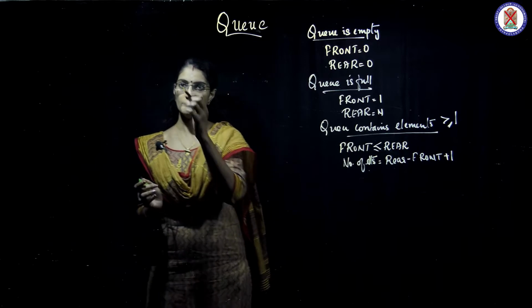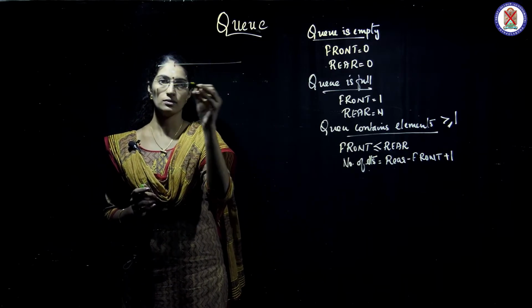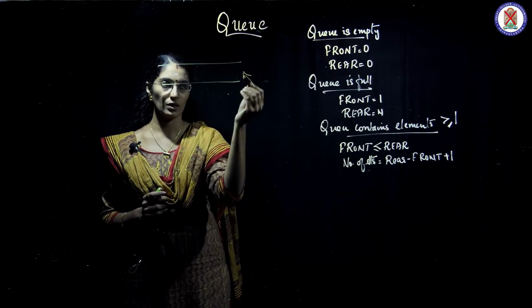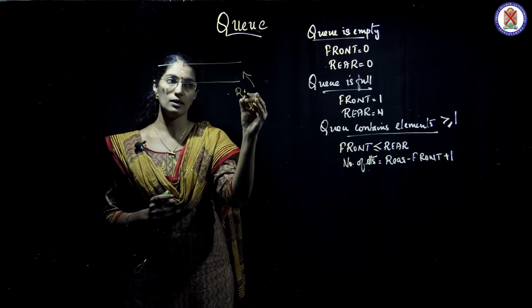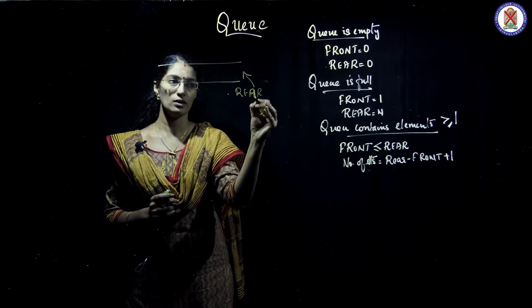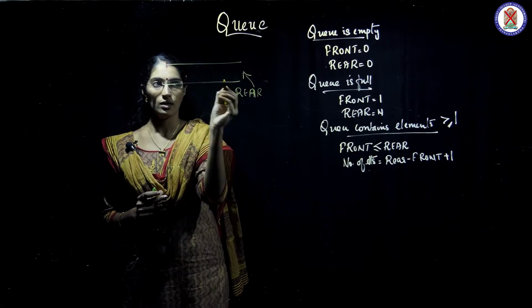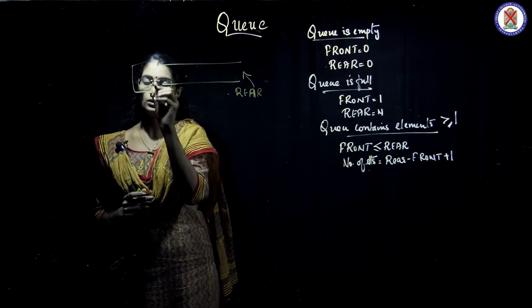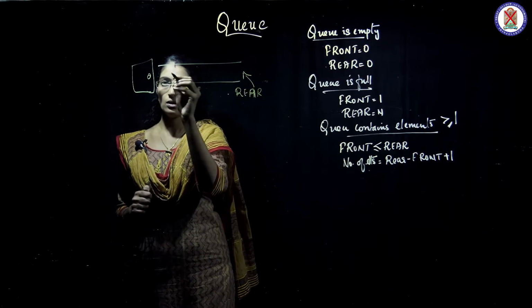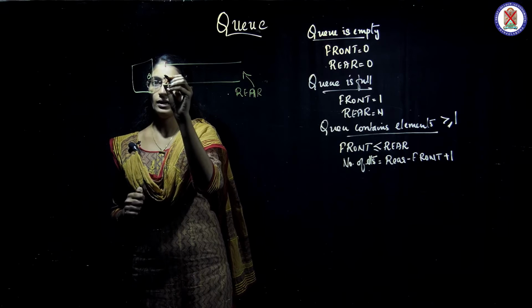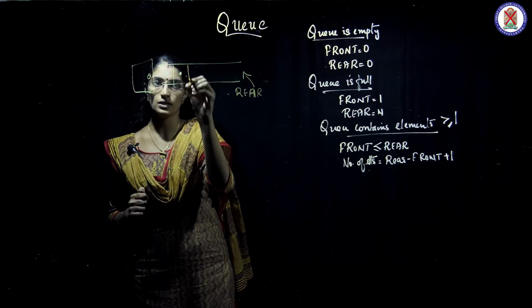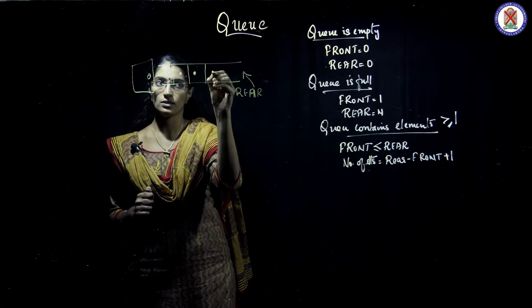So let's take a figure. Suppose this is the line and you enter through this portion. Naturally, this portion is called the rear of the queue. You enter through this way. So suppose, let's say this is a counter for selling tickets. You enter through this way, you go to this place. This is the first person, this is the second person, this is the third person, and this is the fourth person.